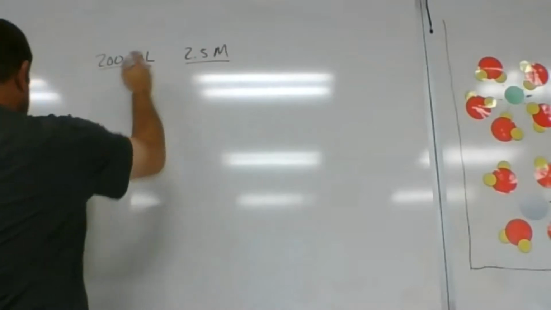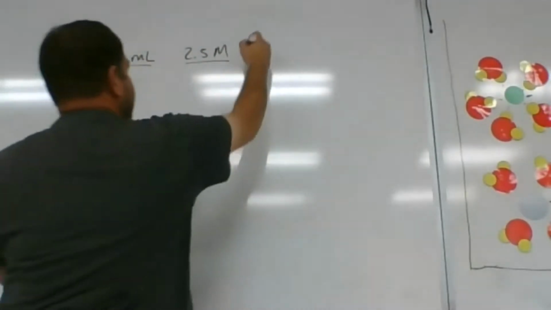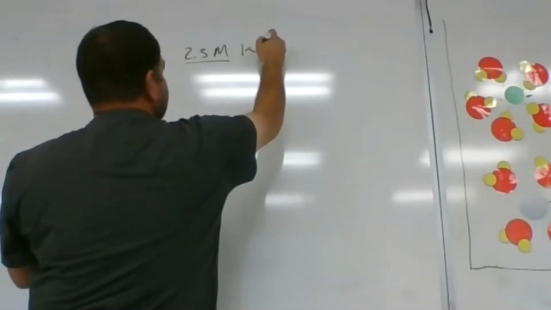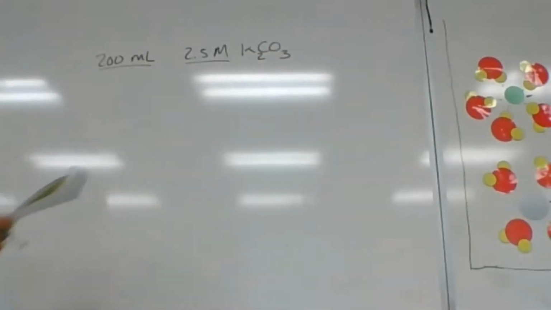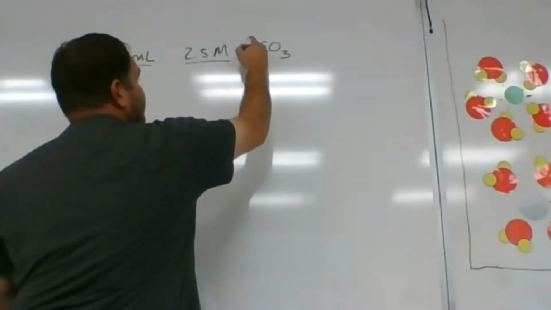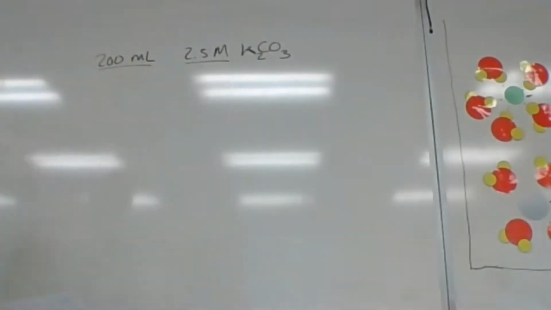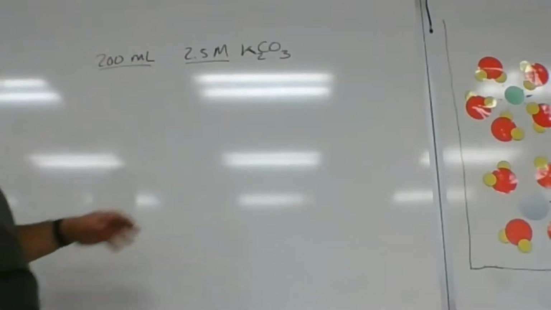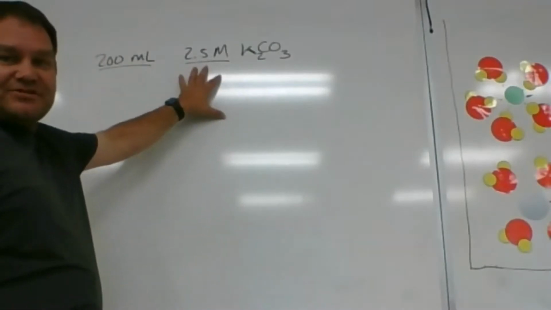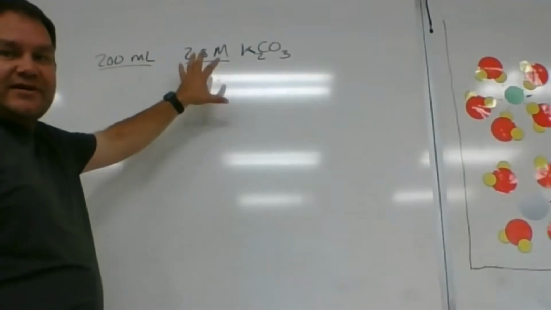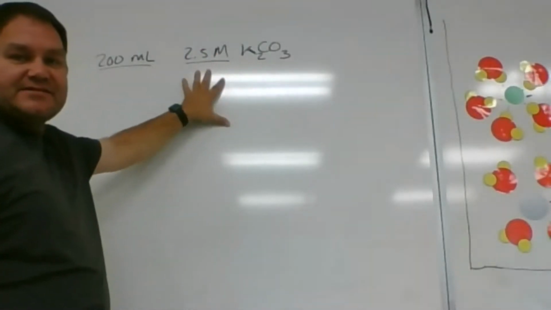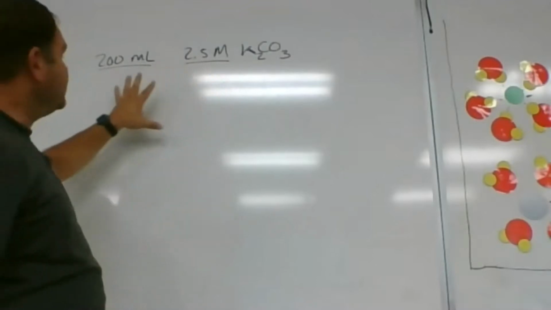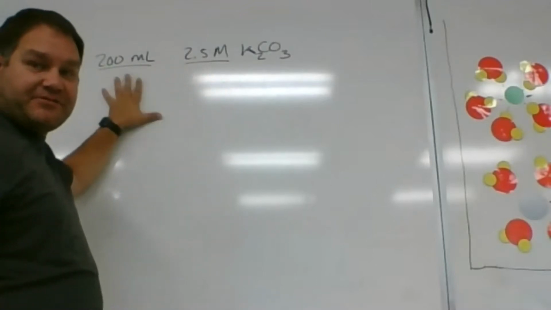And they tell us that it's potassium carbonate. That's the chemical formula for potassium carbonate. Now they want to know, if I have this concentration, then how many grams of potassium carbonate did I dissolve in the 200 milliliters? That's what they're asking for.